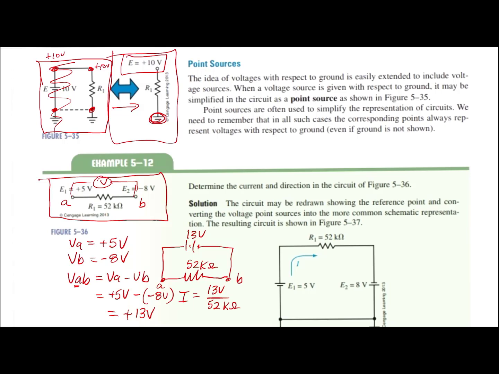If I have a resistor, which I know on this side is plus 5 volts as a point source, and over here it's minus 8 volts as a point source, we can represent that as a voltage like this with respect to ground, of 5 volts, and a voltage like this with respect to ground as an 8 volt value.